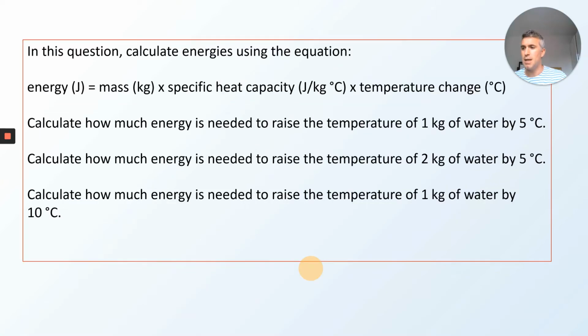Okay, next question. Right, so now is a chance to use the equation. I'm going to use this equation a few times. So this is just a demo, and then hopefully when it comes to the real deal, you'll be able to do it. Do you need a calculator? Which I just threw on the floor. So let's have a go. Energy is equal to mass times specific heat capacity times temperature change.